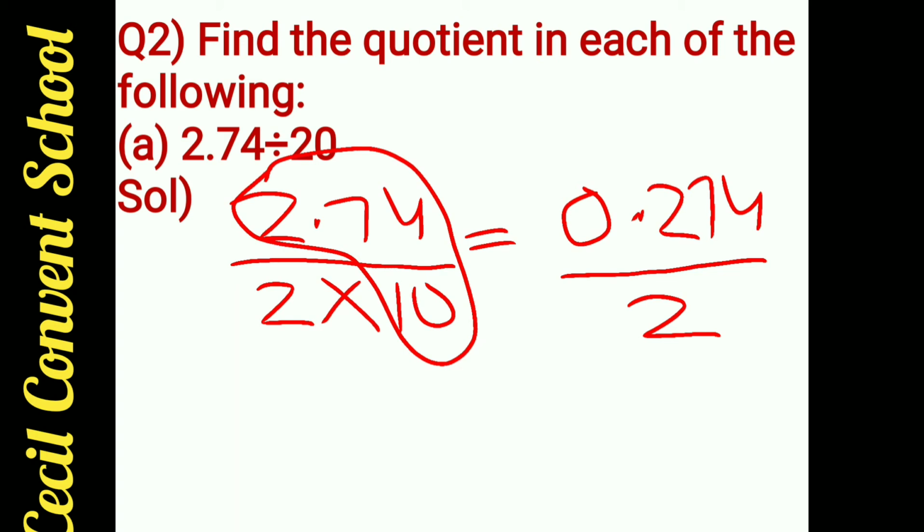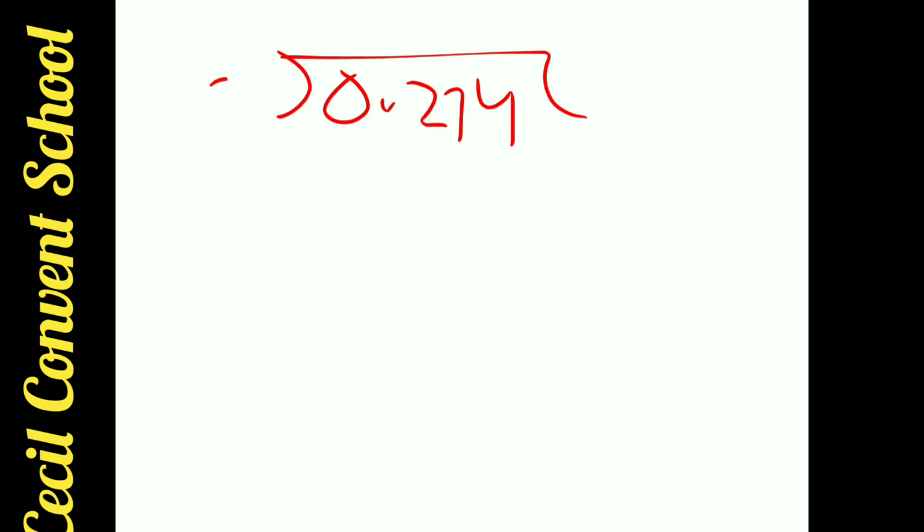Clear? Now 0.274 you have to divide by 2, because 2.74 when you divide by 10, it will shift to the left hand side only one place. Now you have to divide by 2.